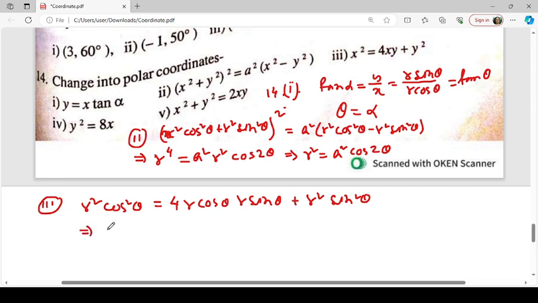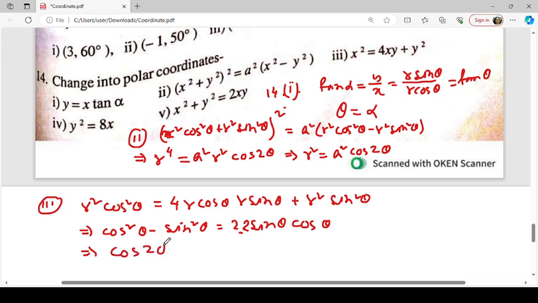So what we have, cos² θ minus sin² θ is equal to 4 cos θ sin θ, or you may write 2 into 2 sin θ cos θ, because 2 sin θ cos θ is sin 2θ. So left hand side is cos 2θ, right hand side is 2 sin 2θ.